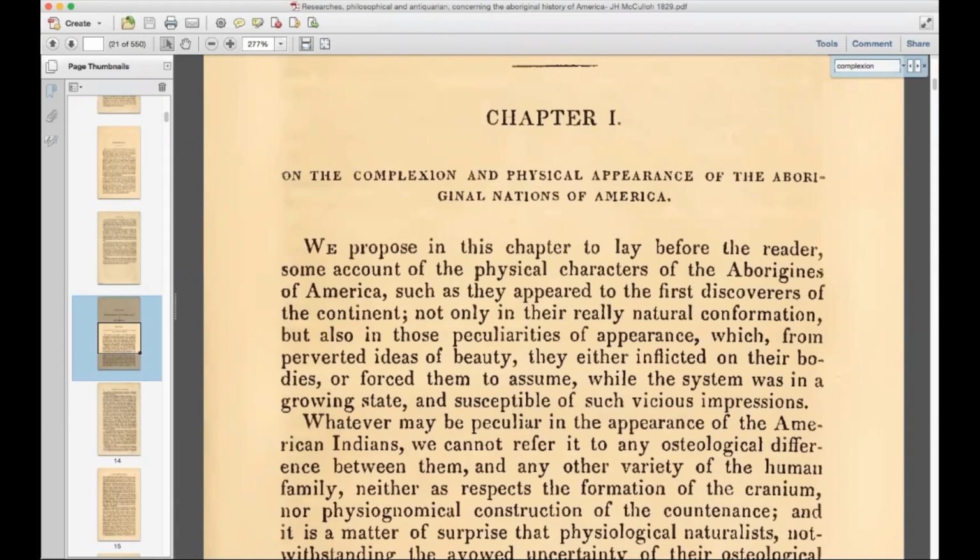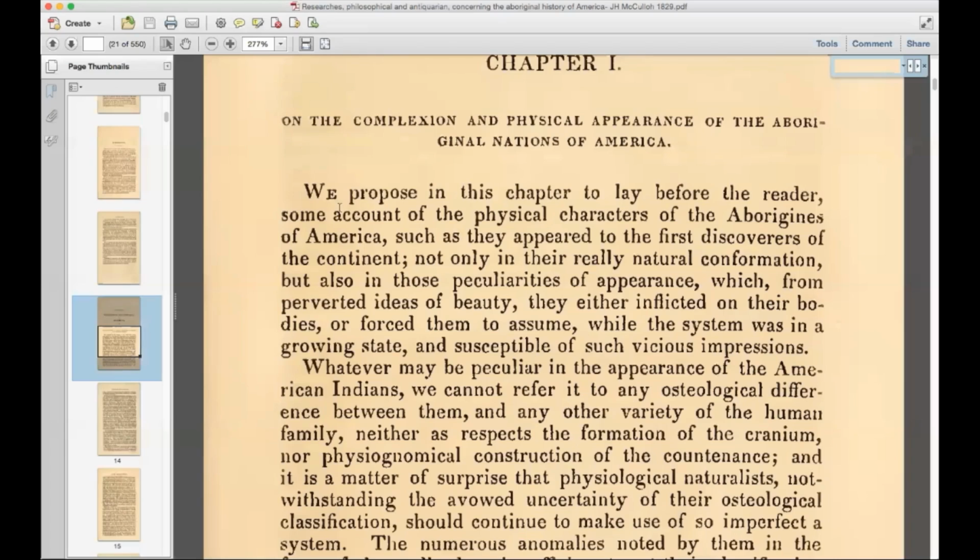All right, right away. So he starts saying, we propose in this chapter to lay before the reader some accounts of the physical characters of the Aborigines of America, such as they appeared to the first discoverers of the continent, not only in their really natural conformation, but also in those peculiarities of appearance, which from perverted ideas of beauty they either inflicted on their bodies or forced them to assume, while the system was in a growing state and susceptible of such vicious impressions.